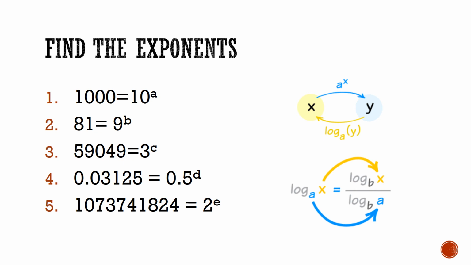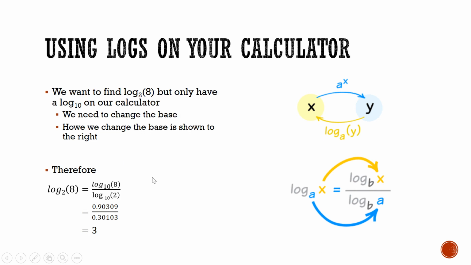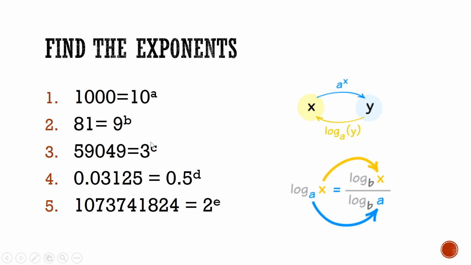So what I want you to do is, using this process here, I want you to find these 5 exponents, and the answers are in the notes on the PowerPoint. So how many times do you need to multiply 10 by itself to get 1,000? That's what A is asking. How many times do you have to multiply 9 by itself to get 81?